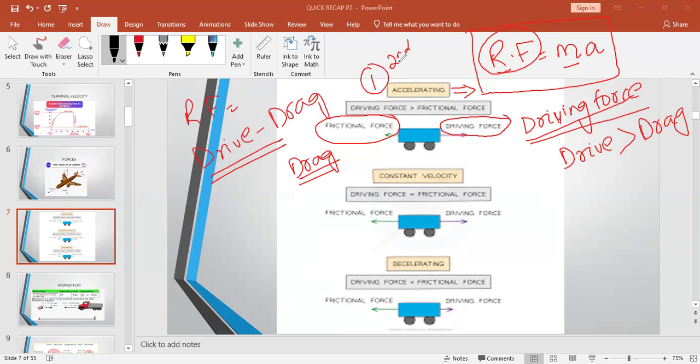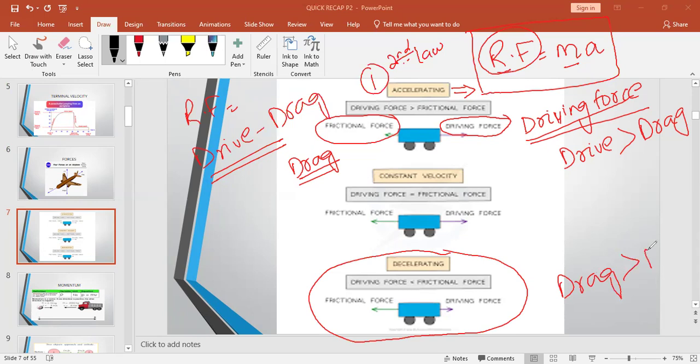This condition is Newton's second law. When the resultant force is equal to mass into acceleration, and the drive is greater than the drag, in that case the car will be accelerating.